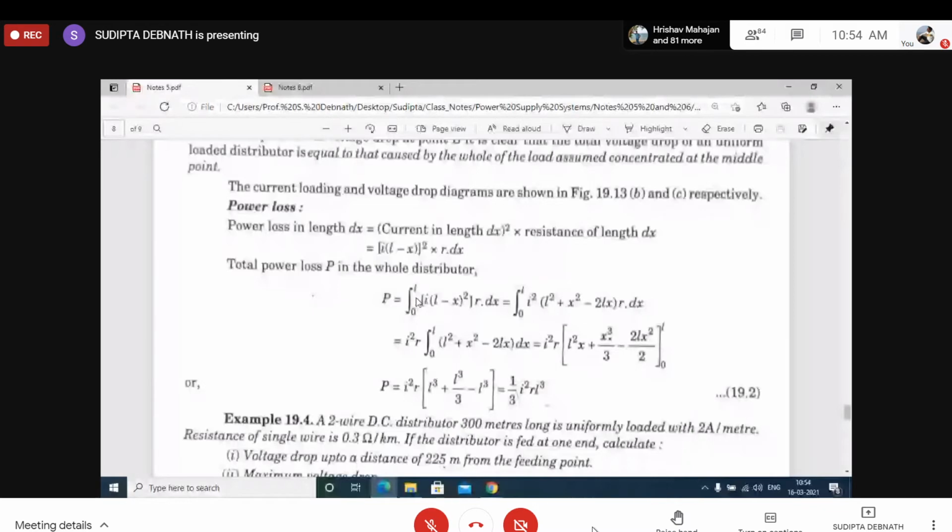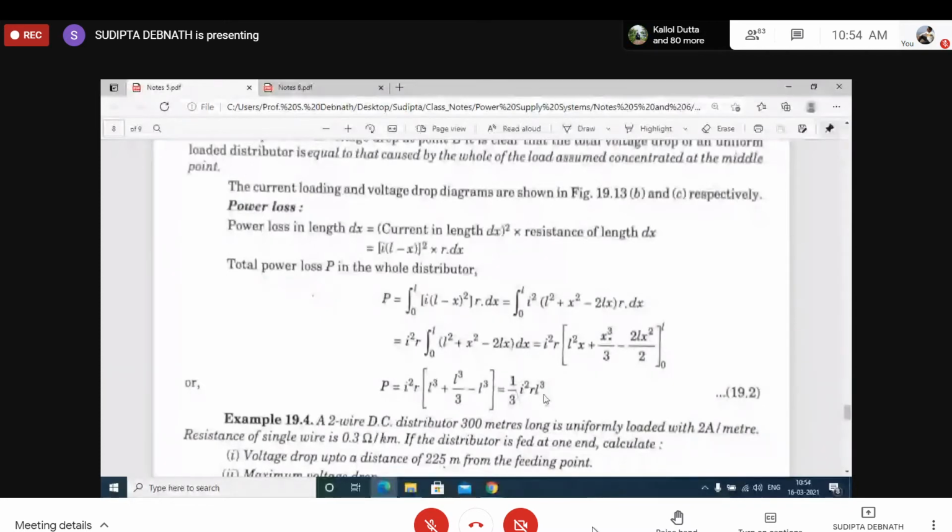They have not shown the intermediate step, what dP is. At any distance x, you have to integrate from 0 to x. They have directly shown the loss throughout the whole distributor, so instead of x they have considered L. If you want the power loss at any intermediate point, you write x here and put that value after integrating.